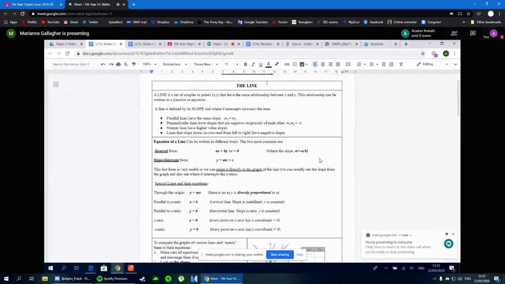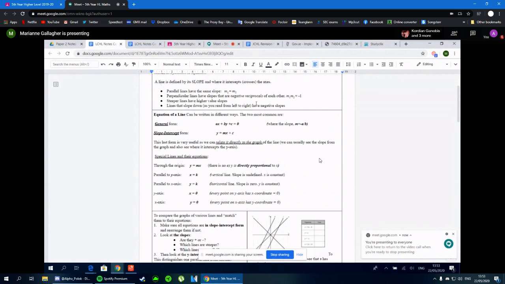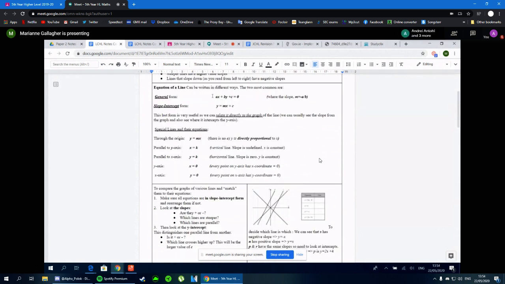Yes. Okay, so the line, basically the whole thing is you have the same relationship between x and y. Big thing with the line is its slope and where it crosses the axes. That's how you tell one line from another. Parallel lines, perpendicular lines, steeper lines of higher slopes, lines that slope down of negative slopes. The equation for a line, okay, so you can have general form or slope-intercept form.